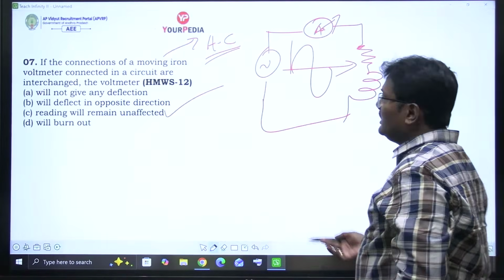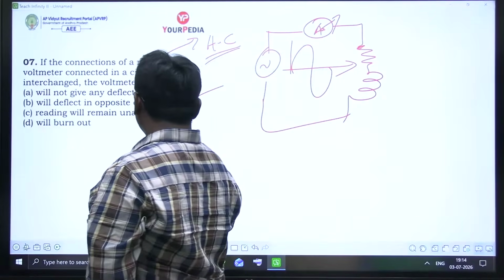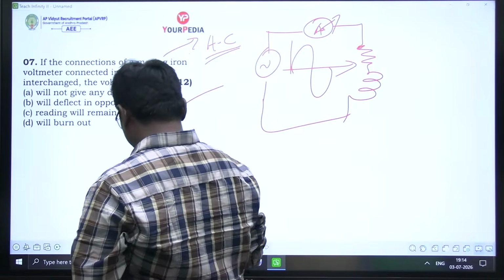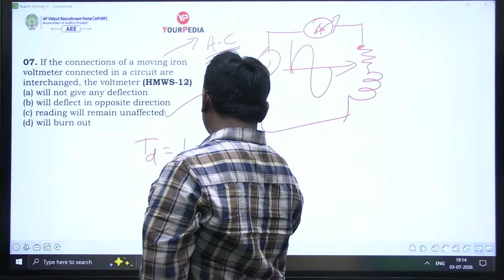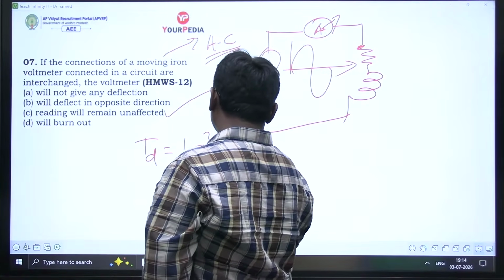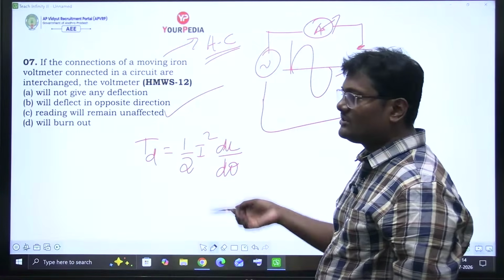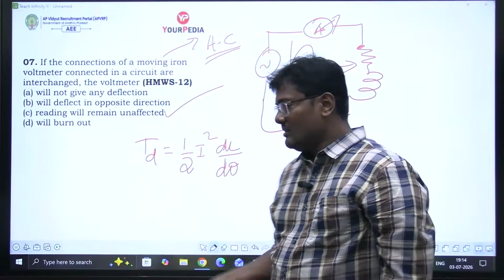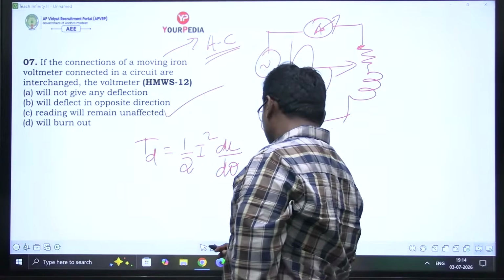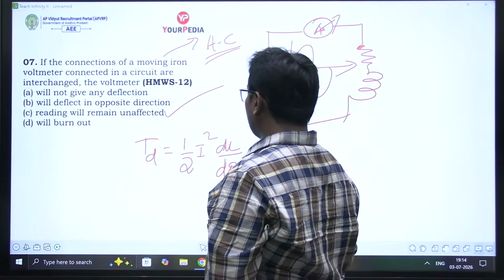Also, deflecting torque is equal to half I squared dL by d theta. Even if the current direction is reversed, minus I whole squared will become positive.